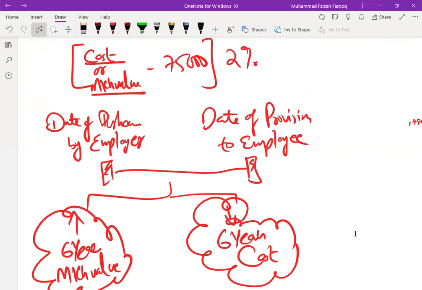What should we do? We will check the 6 years rule. Purchased by employer, provided to employee. If the gap is more than 6 years, we are going to take market value. And if the gap is less than 6 years, we are going to take cost. Any questions?